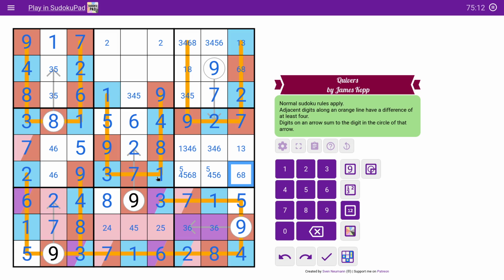I'm just running through some possibilities that don't look helpful in any way whatsoever. I mean, I guess we just continue pencil marking in the rest of the grid. In this column, oh, well, that's actually something useful. 6 has to be here because 2, 4 is here and here in some order.